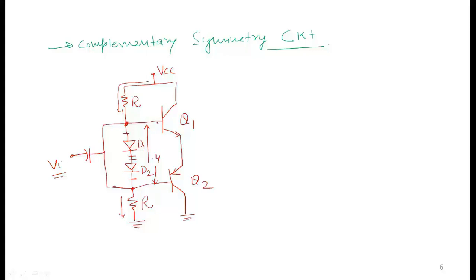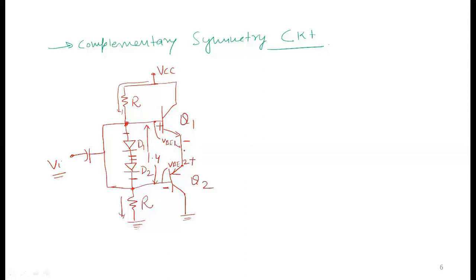Now when we look at the VBE of both of the transistors, here we have the VBE1 and here we have the VBE2. The polarity of VBE1 is, this is plus, this is minus. Since this is PNP type, it is plus, it is minus.